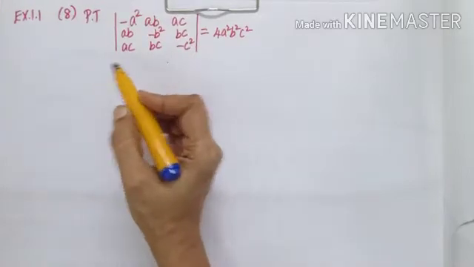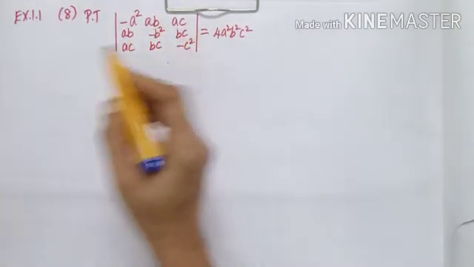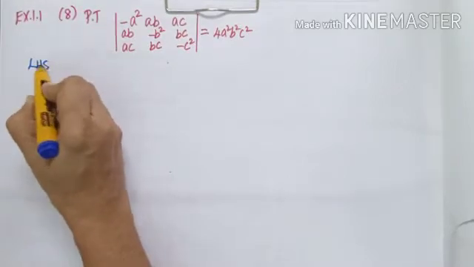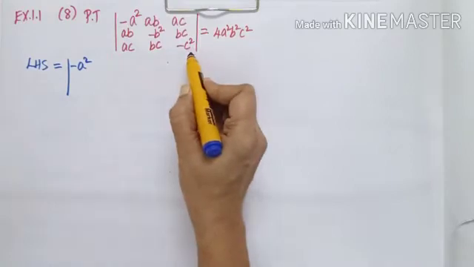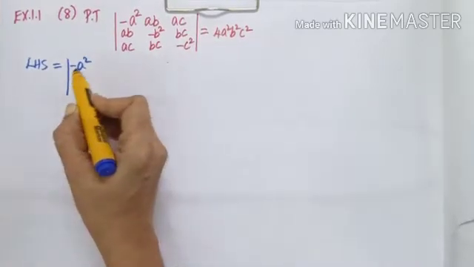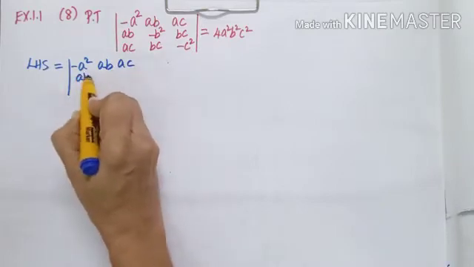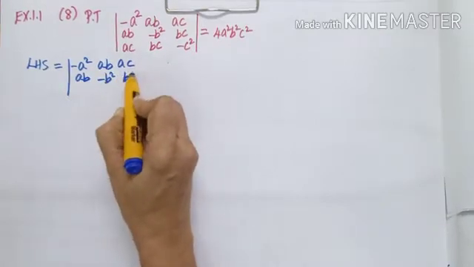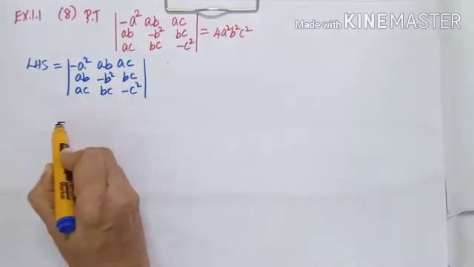Question number 8. Prove that minus A square AB AC, AB minus B square BC, AC BC minus C square. So let us start with LHS. Minus A square AB AC, AB minus B square BC, AC BC minus C square.